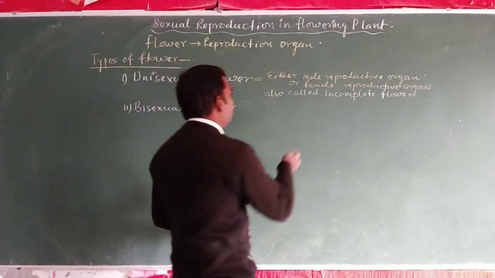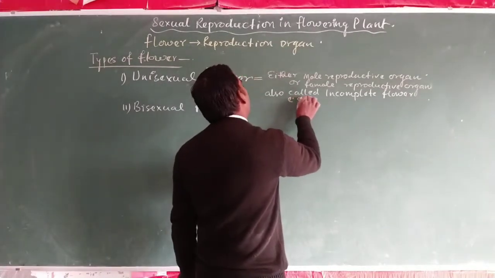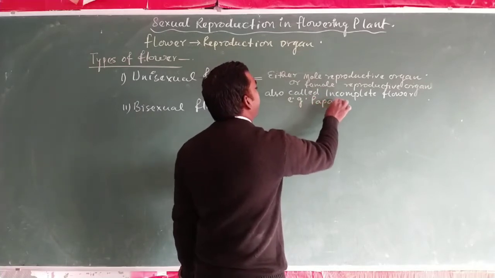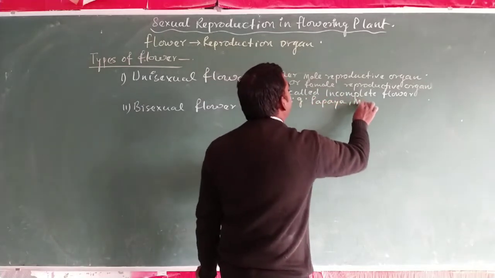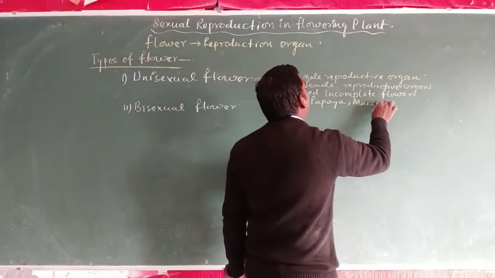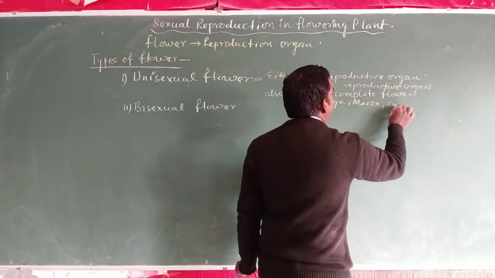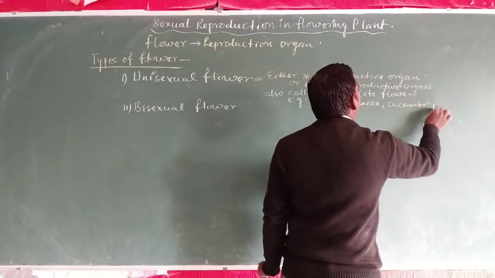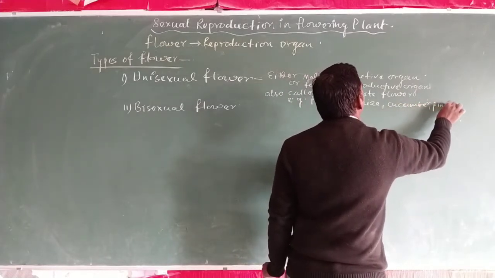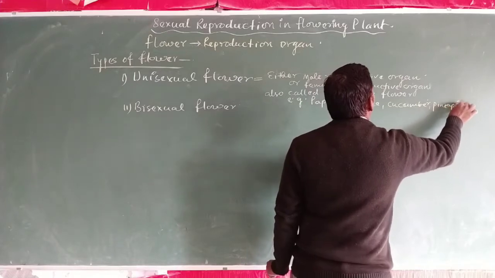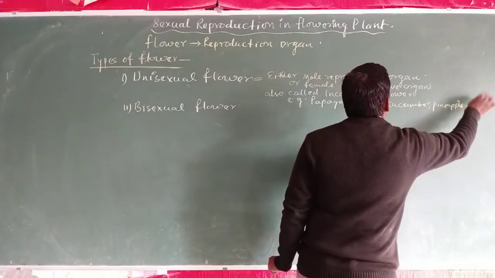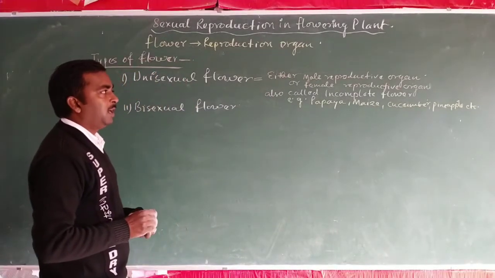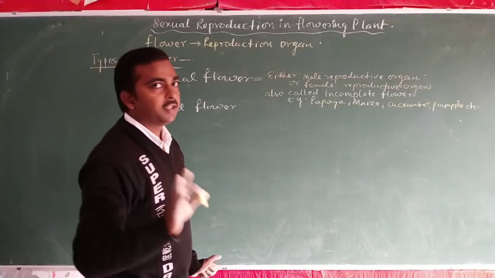And we give examples of unisexual flower as papaya, maize, cucumber, pineapple, etc. These are the plants carrying unisexual flowers.